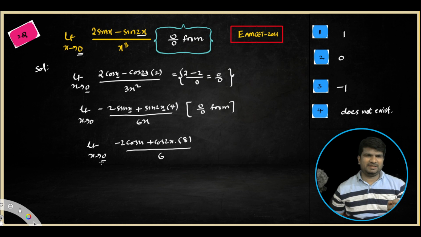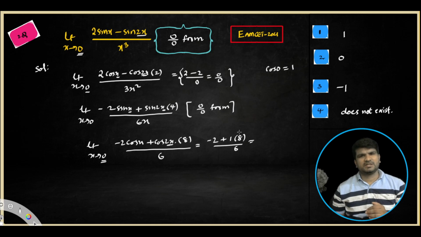Now if you apply the limit, means in the place of x if you write 0, cos 0 degrees is how much? 1. So minus 2 plus 2 into 0 is 2 into 0 is 0. So cos 0 is 1. So 1 into 8 divided by 6. So 8 minus 2 is 6 by 6 is 1. So our first option is the right option. Okay.